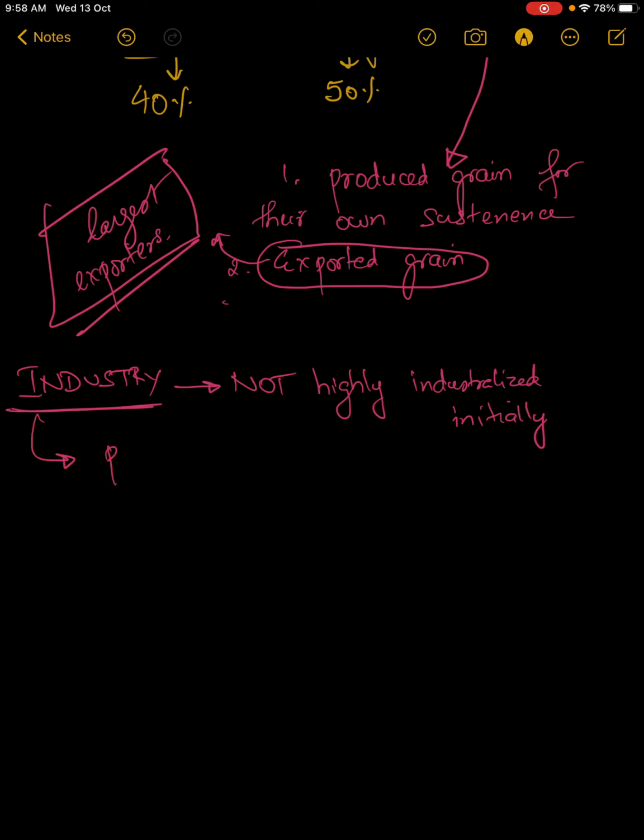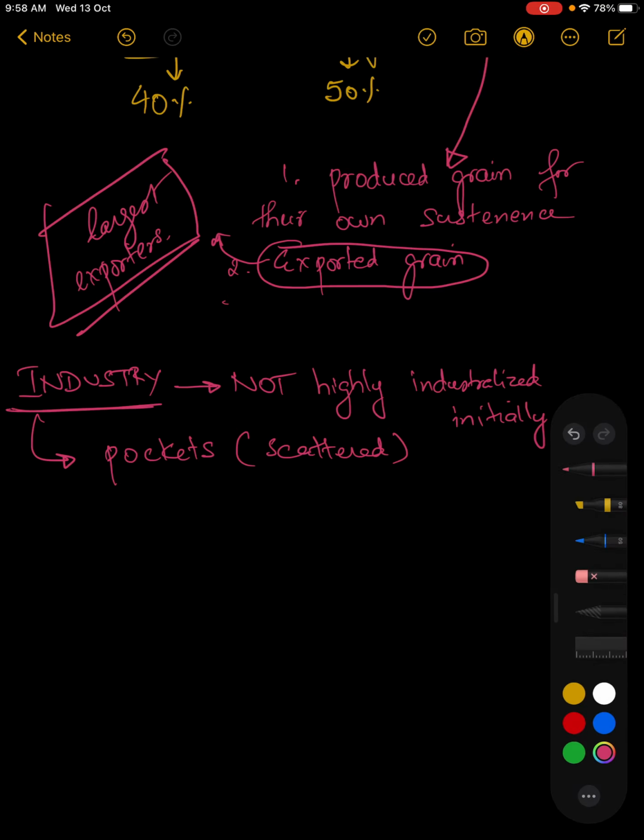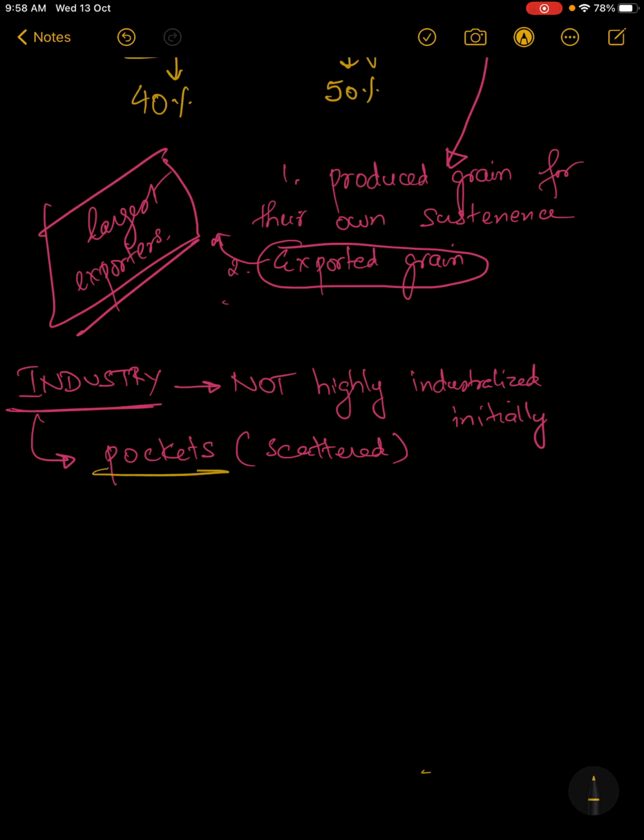Industry was majorly found in pockets, quite scattered. Now this is something you might want to remember. If somebody asks you what were the major pockets of industry present in the Russian Empire, there are two prominent areas that will come to mind.